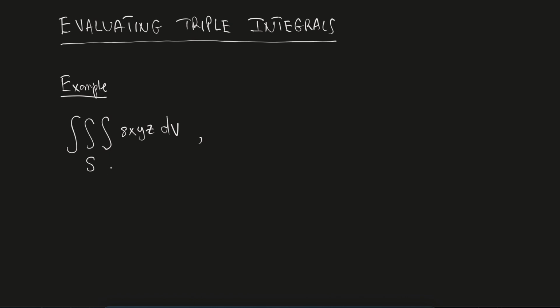And then I have to tell you what S is. Just like how we had several ways to represent a 2-dimensional region, in 3 dimensions we have a variety of ways to represent S. Here are just a couple of them. Suppose S is this rectangular box. Let me use interval notation and say it's [2, 3] cross [1, 2] cross [0, 1].